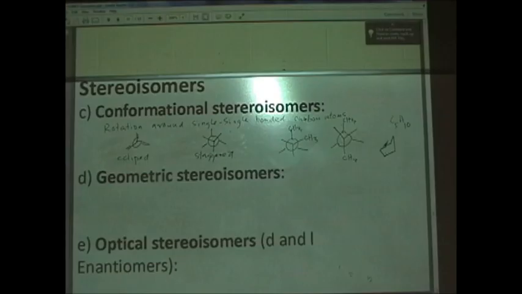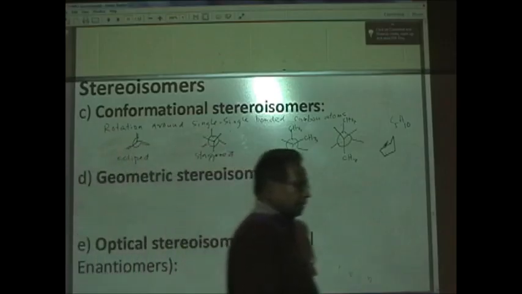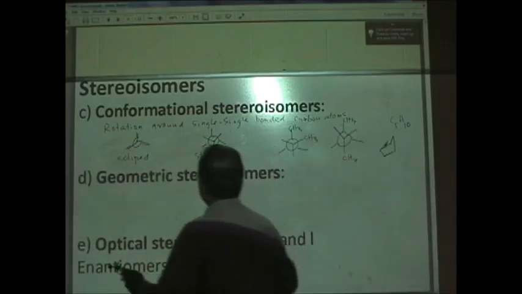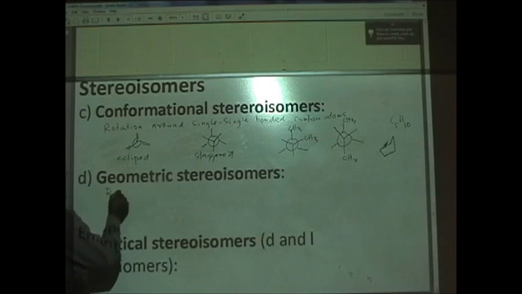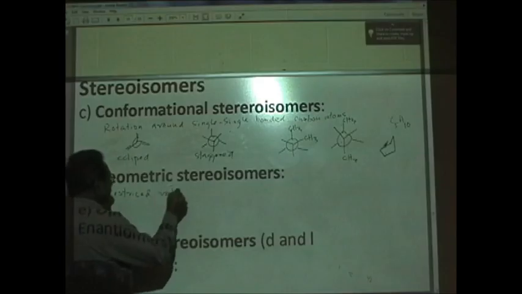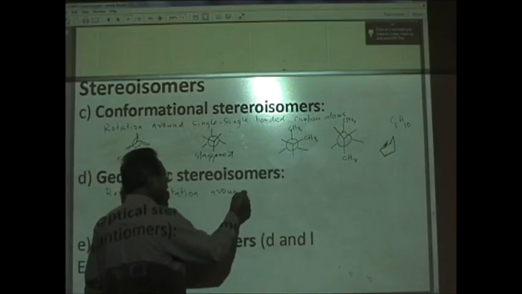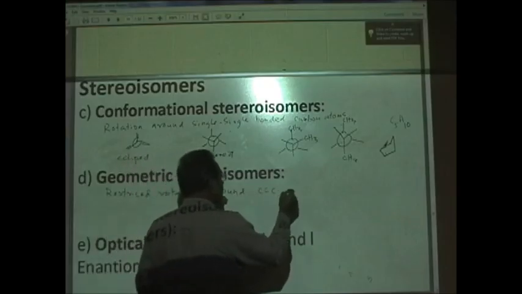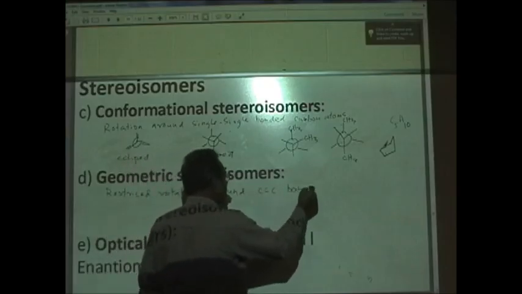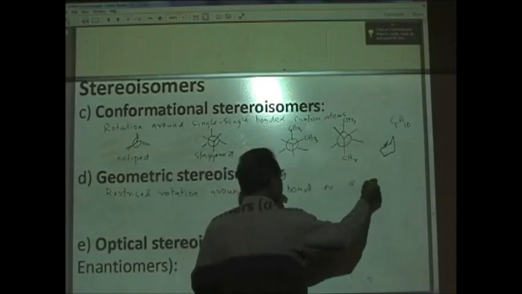Connectivity is the same, but because of a double bond constraint here, put on the 2 carbon atom, there's no free rotation. Therefore, you get restricted rotation around carbon-carbon bond or ring.